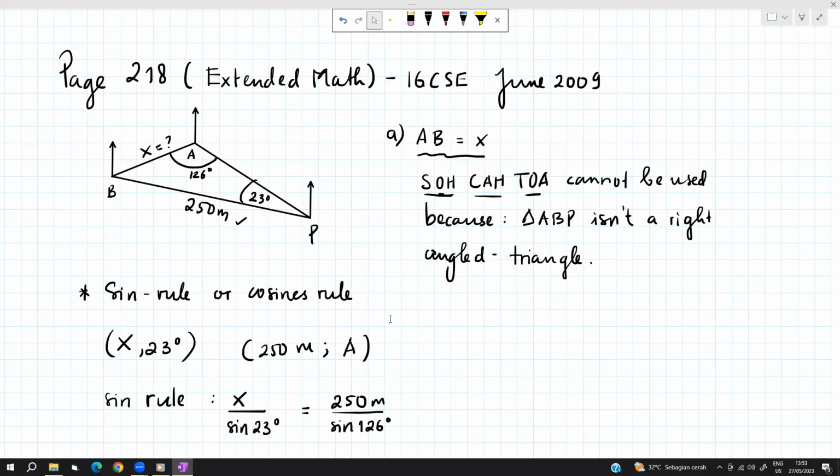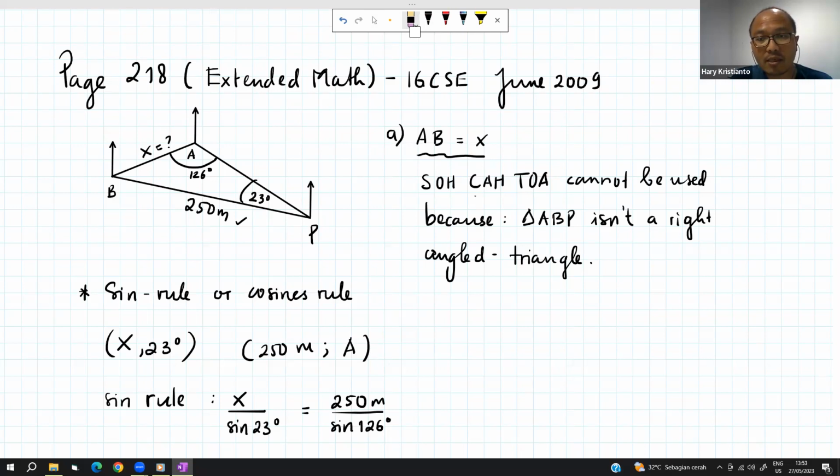Is that a general rule, or is it just for this case? Yes, it's a general rule. For SOH CAH TOA, it should be a right angle triangle. If it's not a right angle triangle, you cannot use it. Even in the extended definitions, you still have to have a right angle triangle.